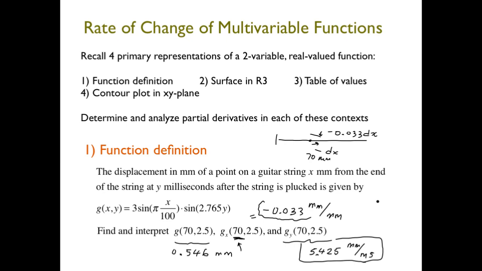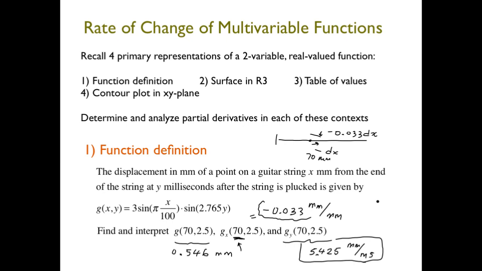So it's not saying that point is actually going to go 5.4 in the next millisecond, because that's a big change in time. Small changes in time would be a tenth or a hundredth of a millisecond. When time changes, the rate changes. So this could very well make sense.